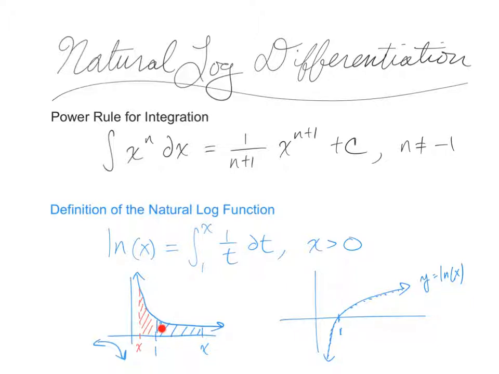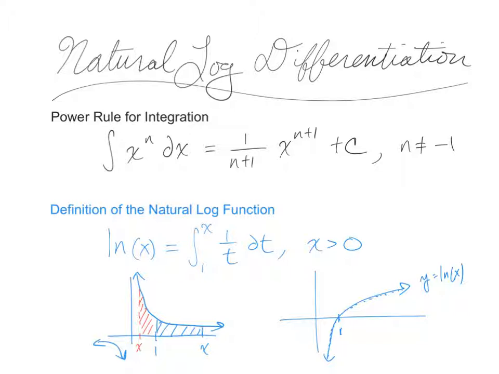So that makes sense if we pick a number greater than 1 to evaluate in this integral. It's going to be a positive area, which is why all these y values are positive. If you pick a number less than 1, since we're moving right to left, this will give you a negative area, which corresponds to these negative y values over here.